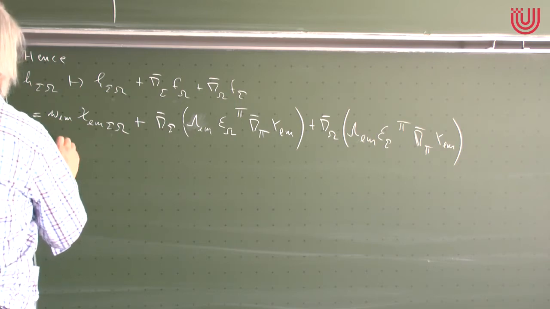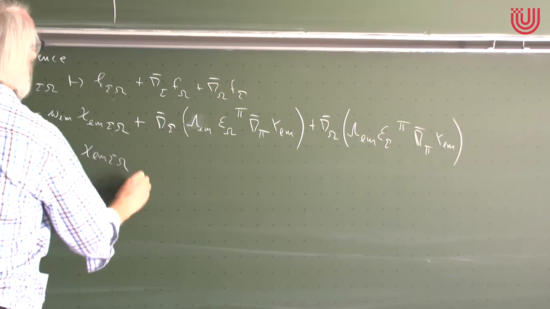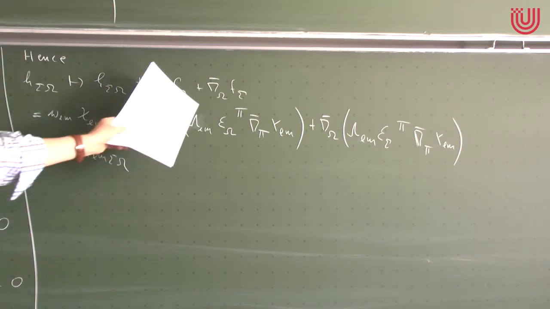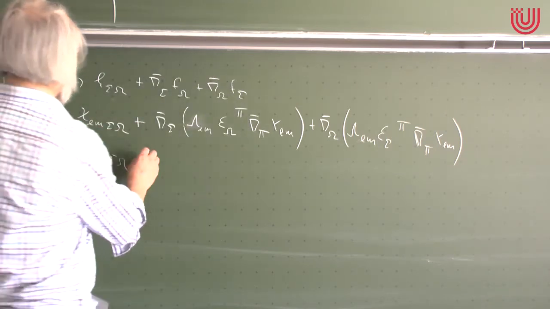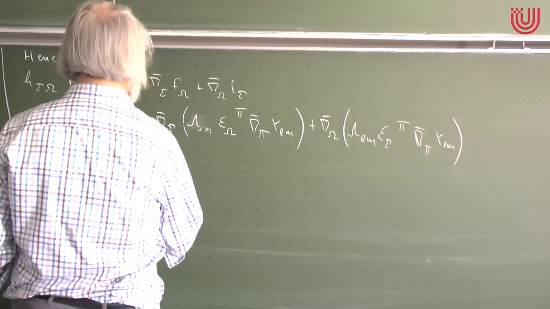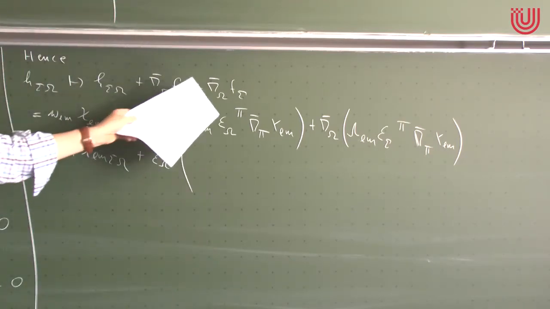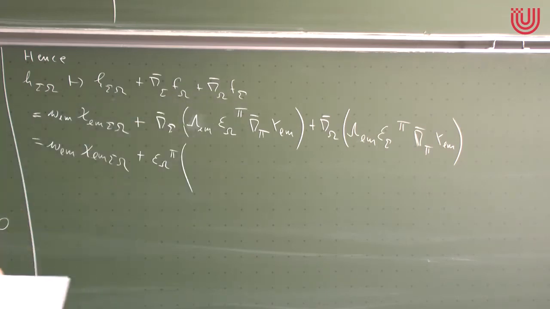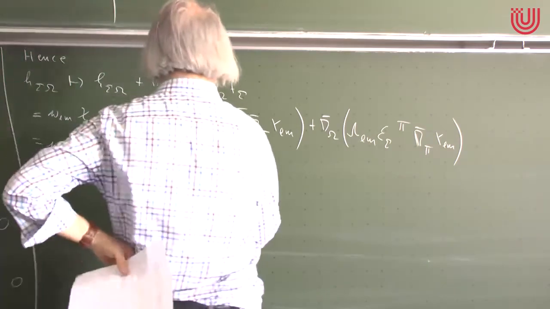So this is W Lm chi Lm sigma omega. And now use the fact that these things are covariantly constant. So I can pull them out of the derivative. Epsilon omega pi. Yeah, the derivative acting on this gives 0. So I just have to calculate the derivative of these two terms.